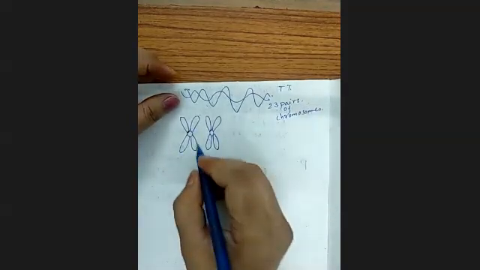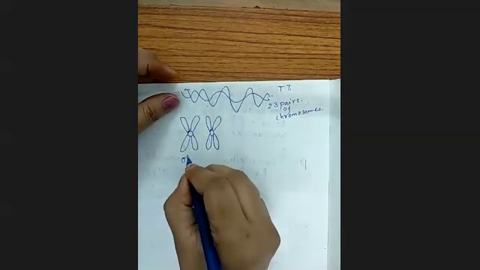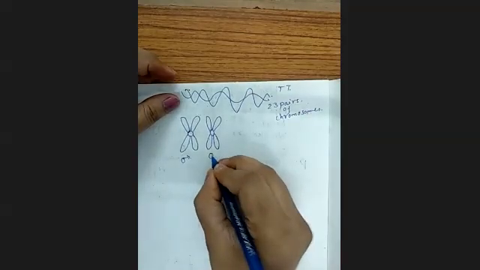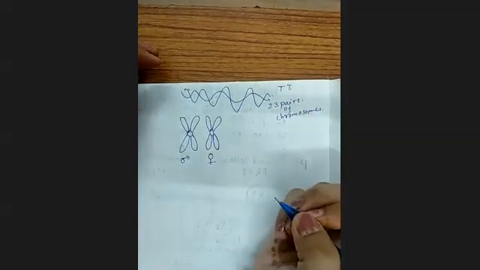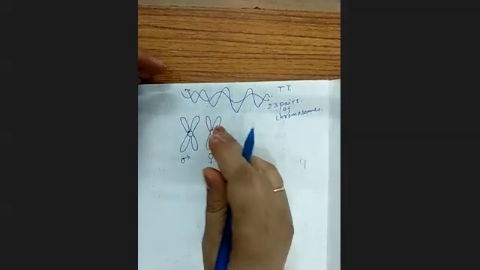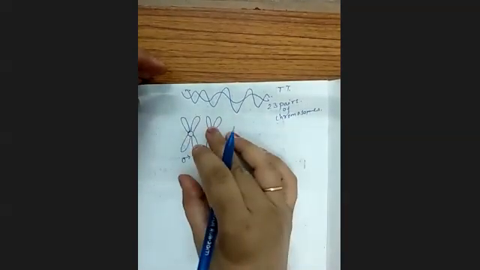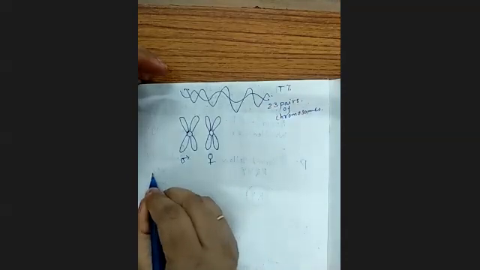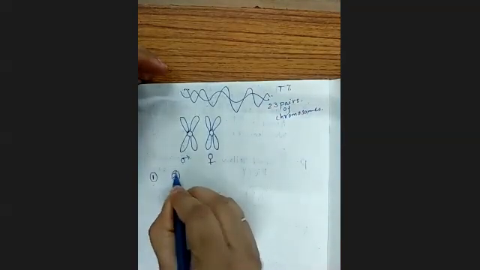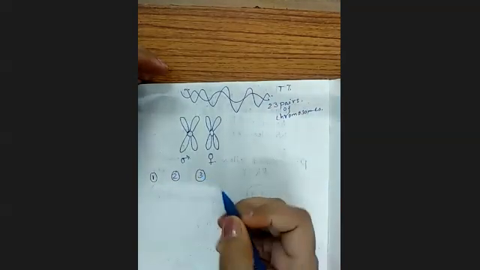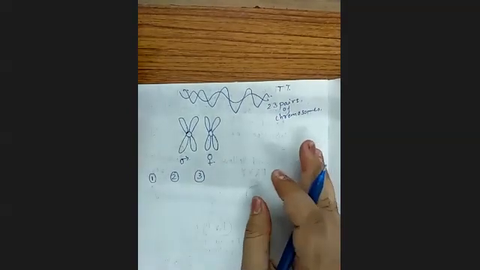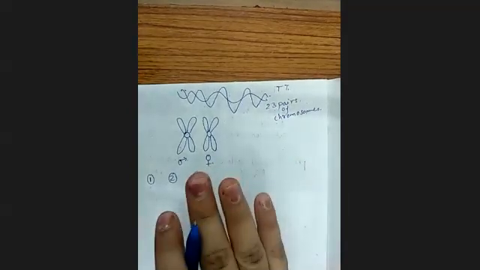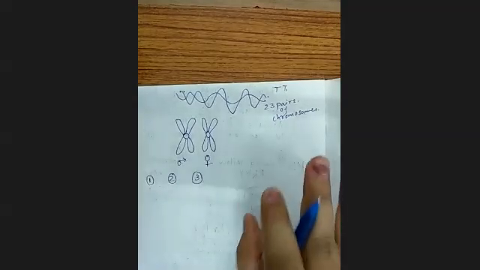That means one of each pair we obtained from our father and one from our mother. In the whole universe, the first pair, second pair, third pair is standard. Nobody can change that part in the world.